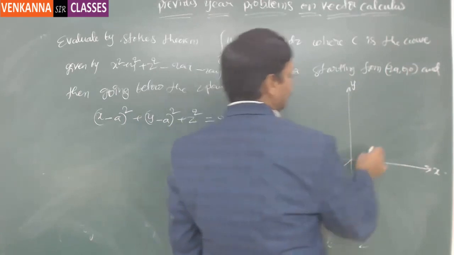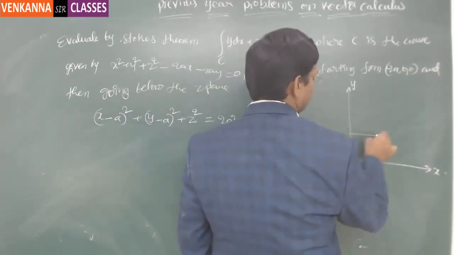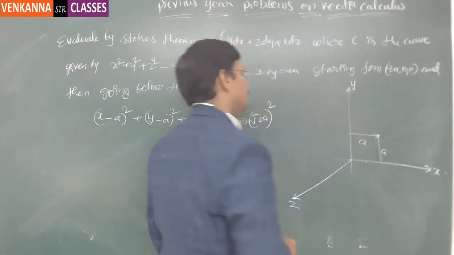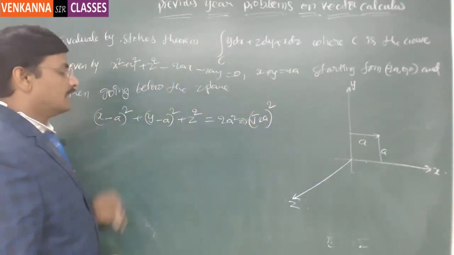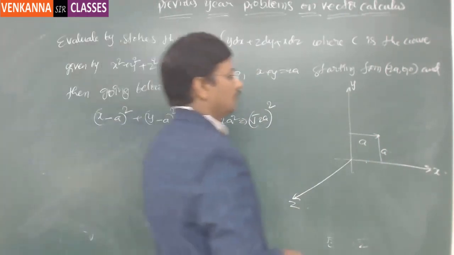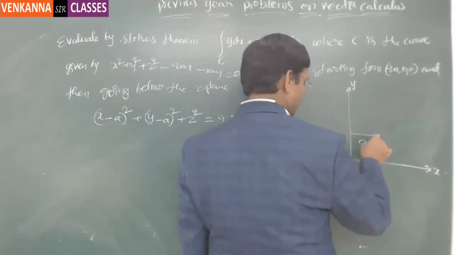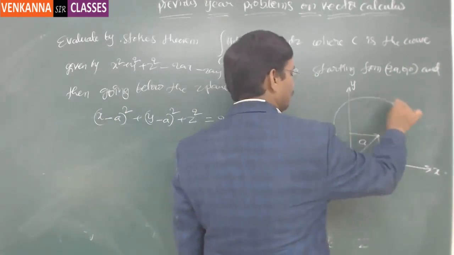The center lies at the point where this length is a and this length is a. So this is the center, and the sphere has a radius of root 2a. That means it will pass through like this.